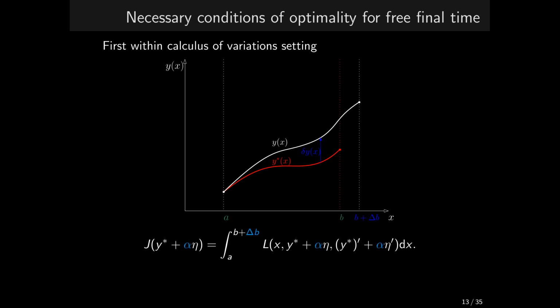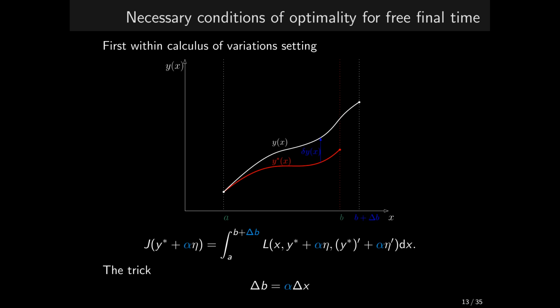The standard procedure for finding the conditions under which y star is truly a minimizer is then to analyze how the cost function changes if we vary the minimizer a bit. But unlike in the basic version of the calculus of variations, here it's also the final time that is varied. This complicates the situation a bit, but there is an easy fix.